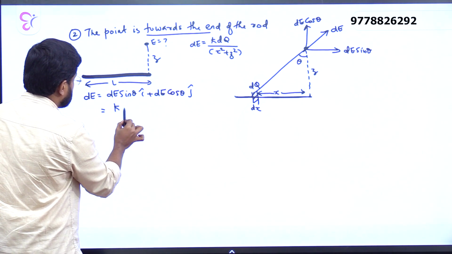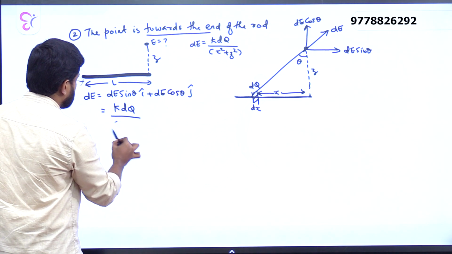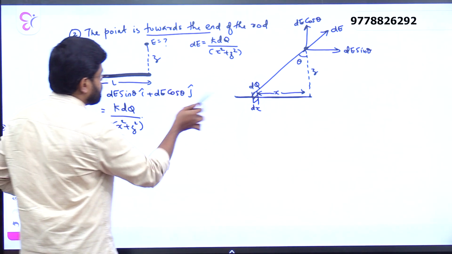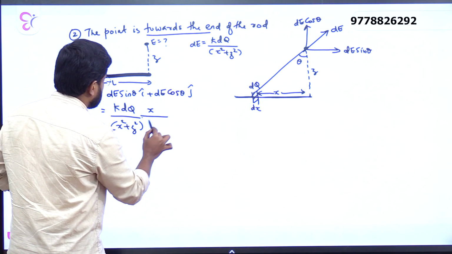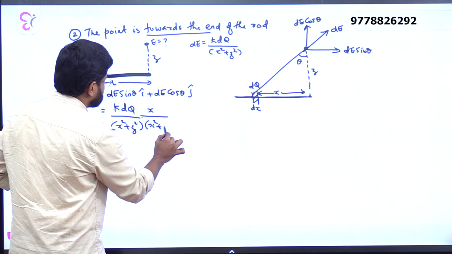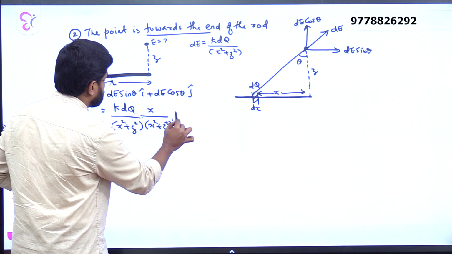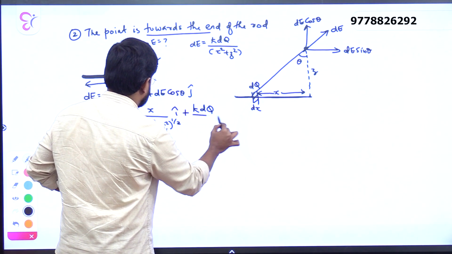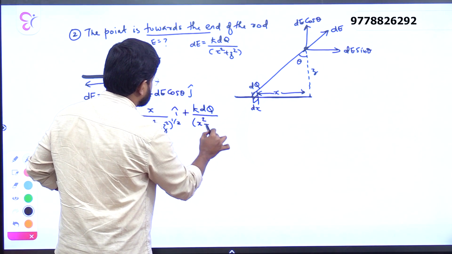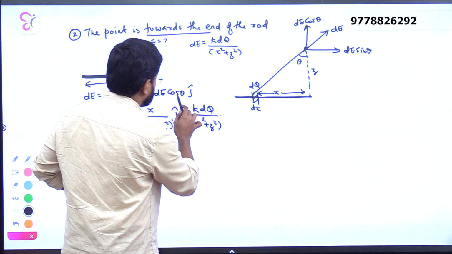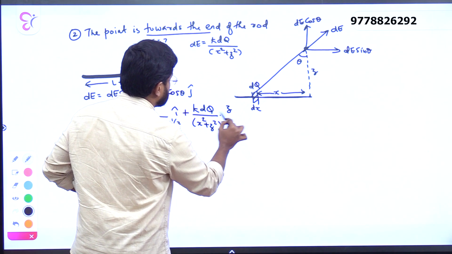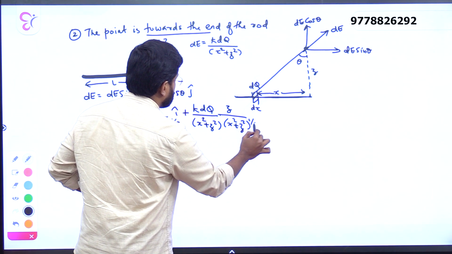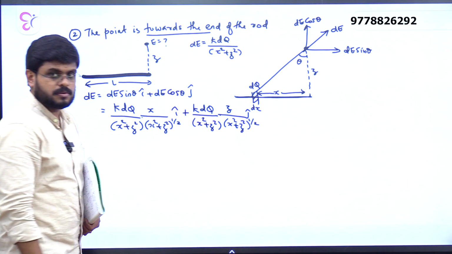So k dq divided by x square plus z square into, what is sine theta there? This is x by x square plus z square whole power 1 by 2 in i cap direction, plus k dq divided by x square plus z square into, what is cos theta? It is z by x square plus z square whole power 1 by 2 in j cap direction.